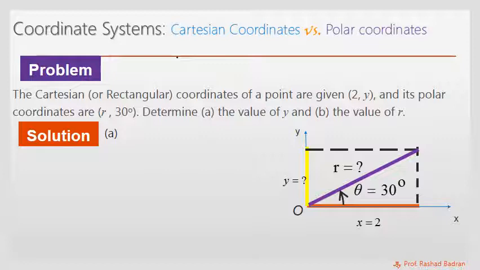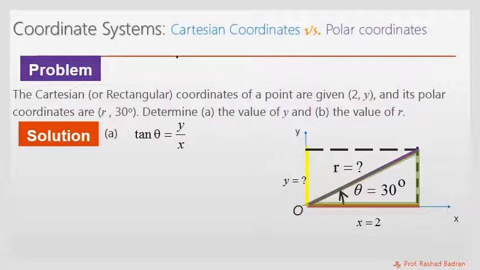To solve this problem, in part A, we have to draw a right angle triangle whose sides are x and y, and the angle theta is the angle between the hypotenuse r and the adjacent side, which is x. Here theta and x are given, while r and y are unknowns.